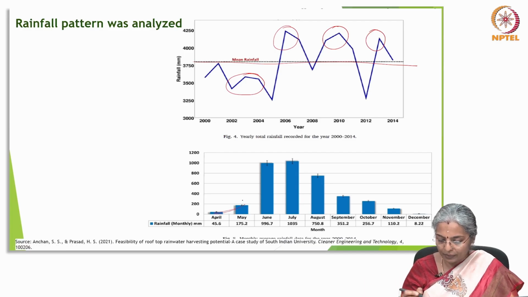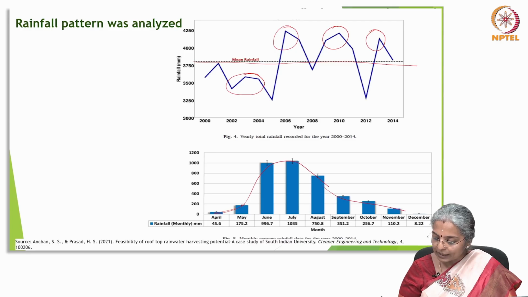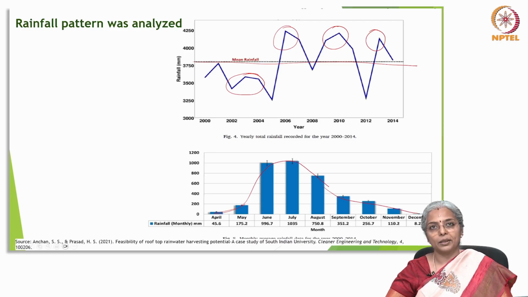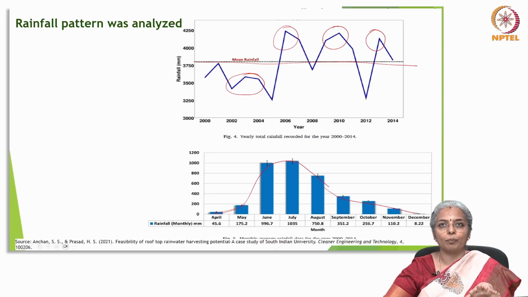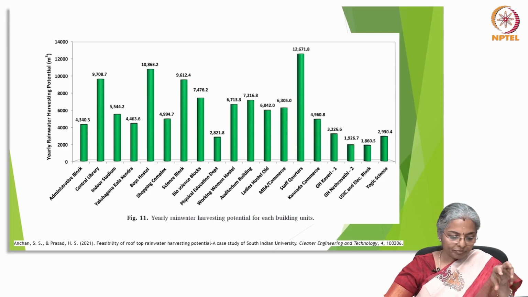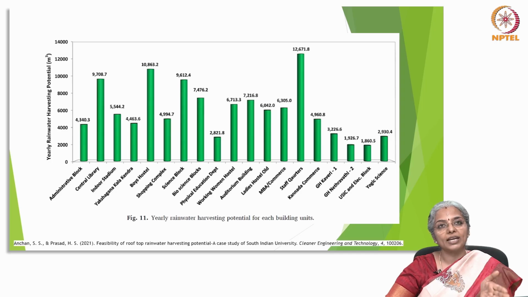We can see that April, May had very little water, whereas June, July, August was all right, and from September it starts to dwindle. So, this is the rainfall pattern, and you see the rainwater harvesting potential for each of the buildings in that campus was also assessed.